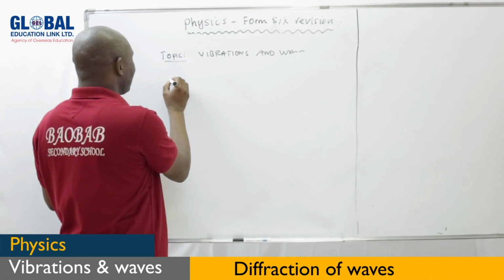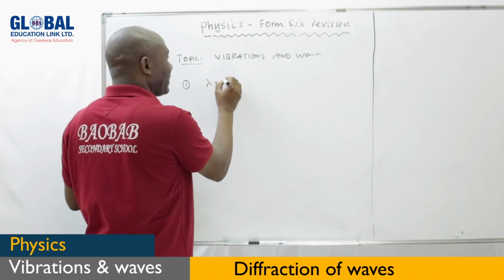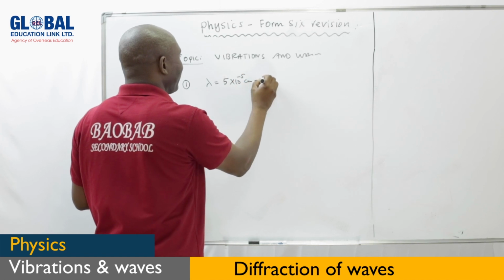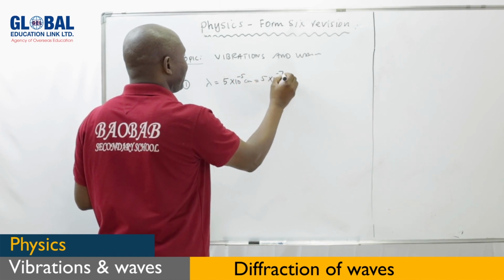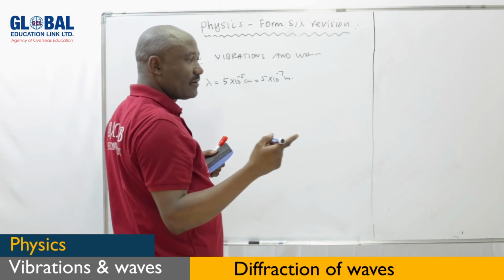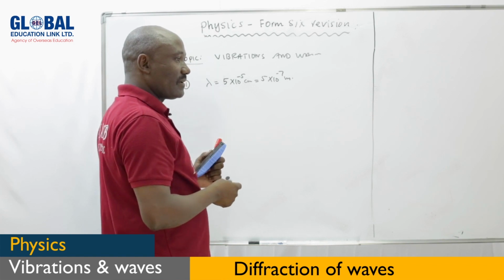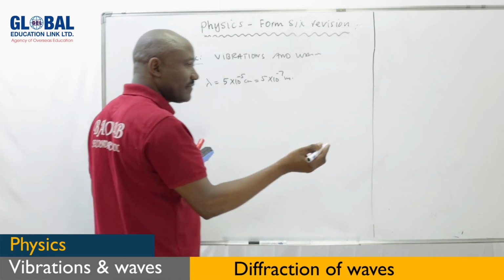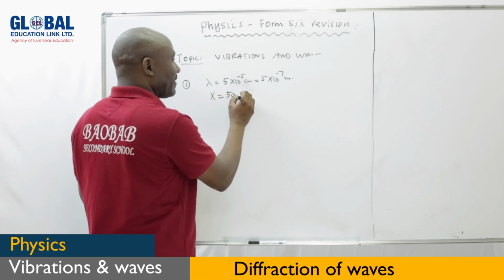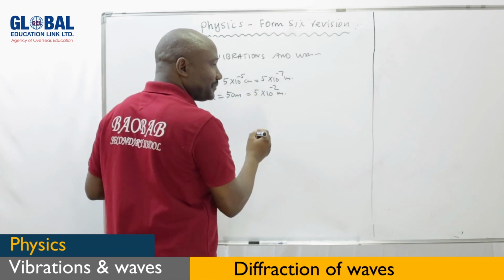If you know this pattern, you can start from knowing that this is the wavelength of the light, 5 times 10 negative 5 centimeter. We convert it to 5 times 10 negative 7 meter. It is incident on the slit, which produces the minimum diffraction formed at a distance, let's take this as x, 5 centimeter, which equals 5 times 10 negative 2 meter.